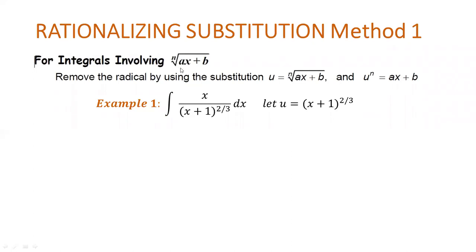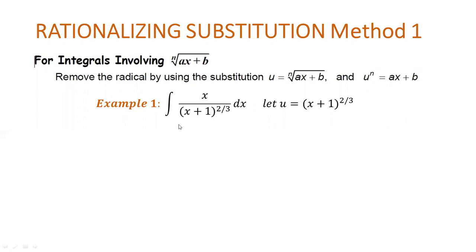This means that the expression ax plus b is raised to 1/3, 1/5, or 1/7. In that case, you need to rationalize your given expression first. That's just like in this particular expression, your x plus 1, this quantity is raised to 2/3. So there's a need for you to rationalize this expression.